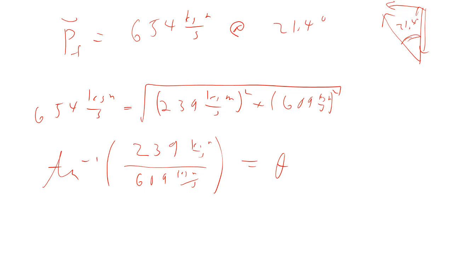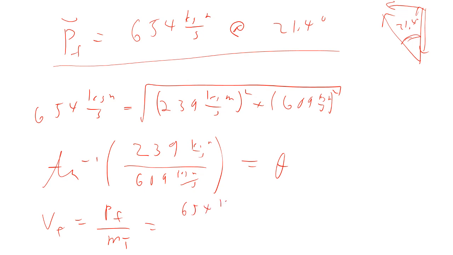Okay, so now we have the final momentum. The final velocity will be the final momentum over the total mass. So that would be 654 kilogram meter per second divided by 154 kilograms plus 175 kilograms. That comes out to be 1.99 meters per second.